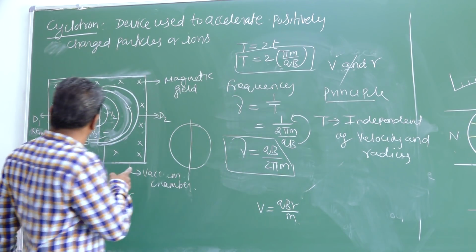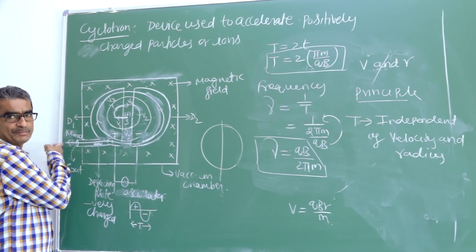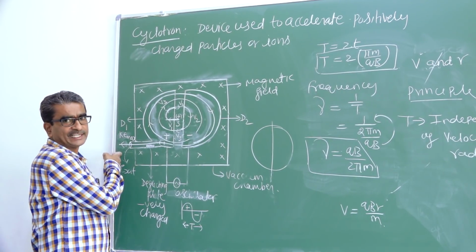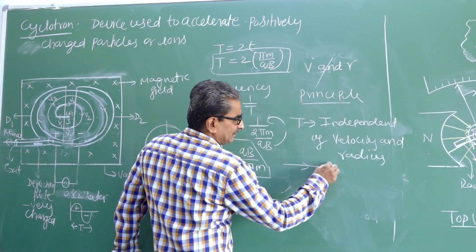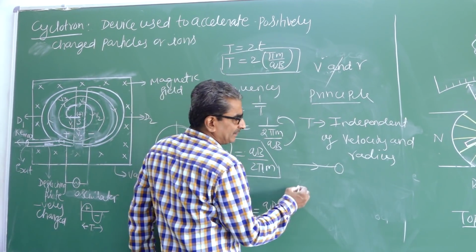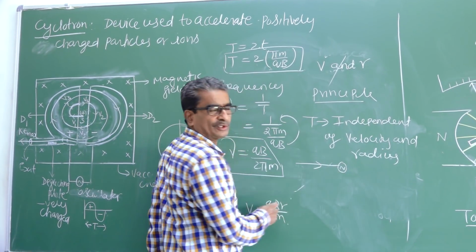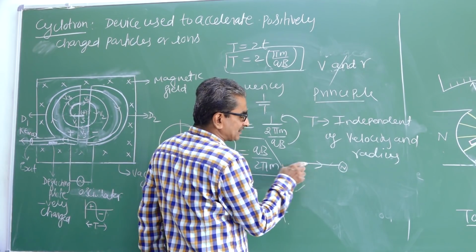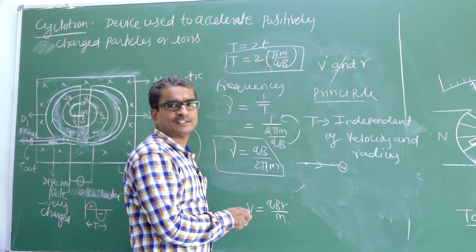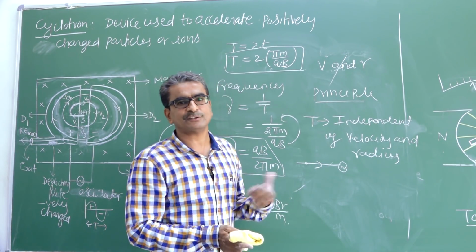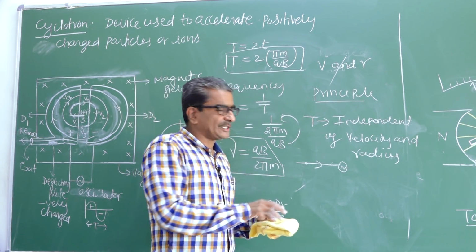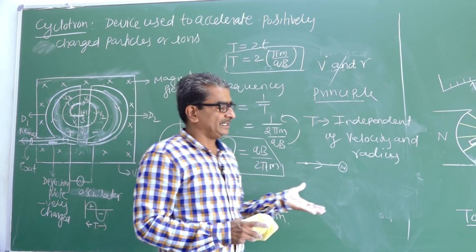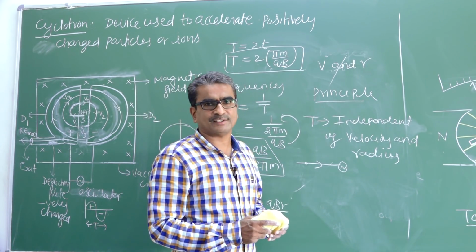If we make the charged particle, which comes out with high kinetic energy, hit a target nucleus, we can produce different isotopes, radioisotopes. And these radioisotopes are found to be useful in the field of medicine.